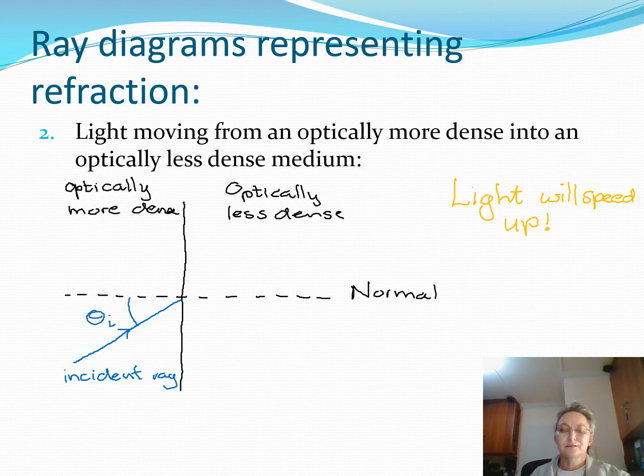Now when light speeds up, it is bent away from the normal.